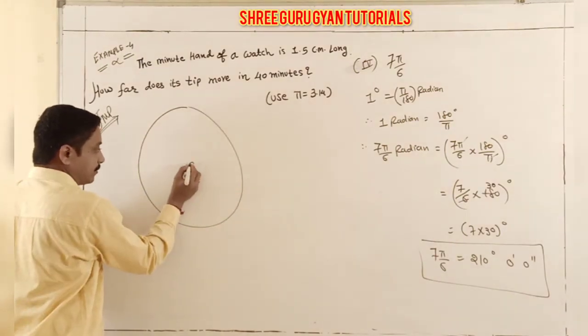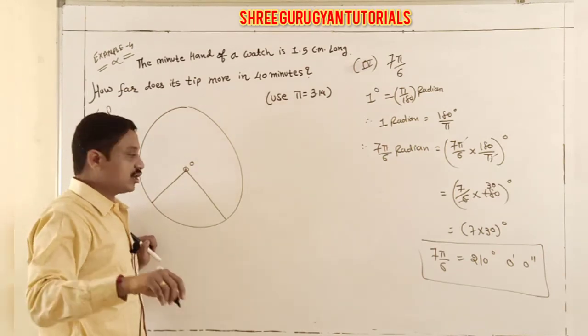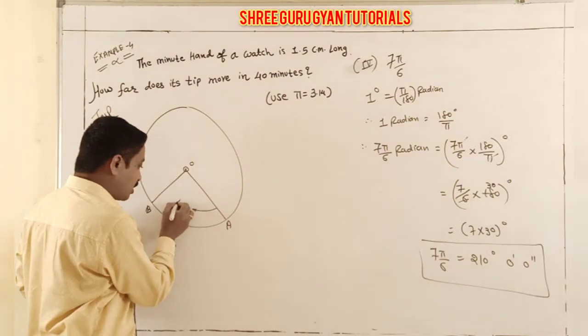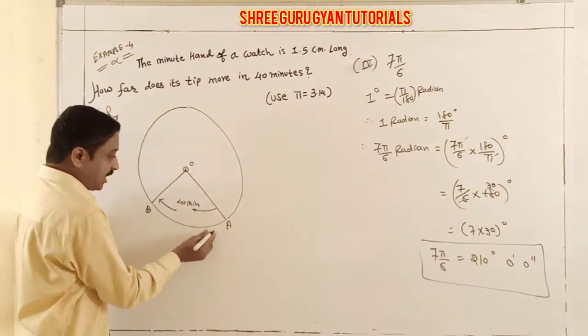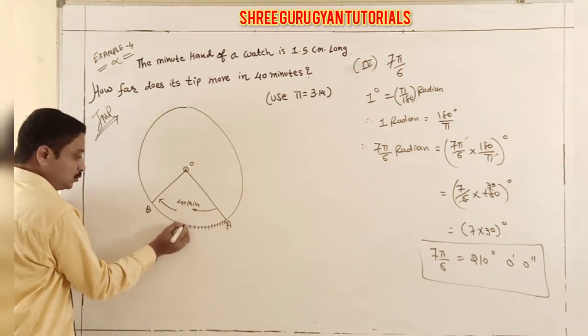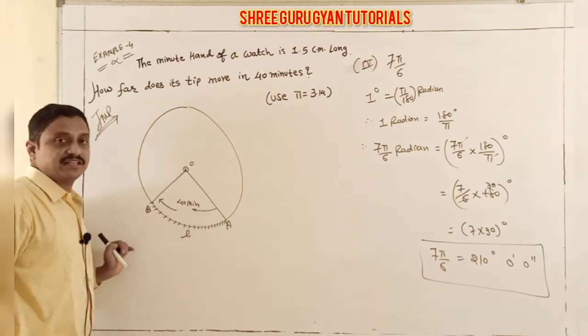Here is the center, and these two are the positions, initial and after 40 minutes. Here A and here B. These cover 40 minutes, and this length from A to B is asked. This answer is my final answer.